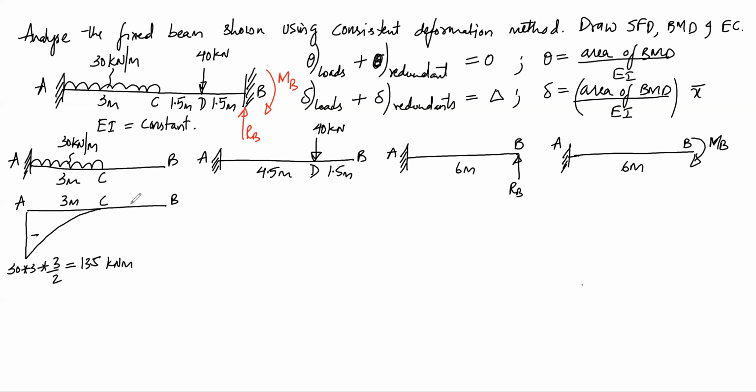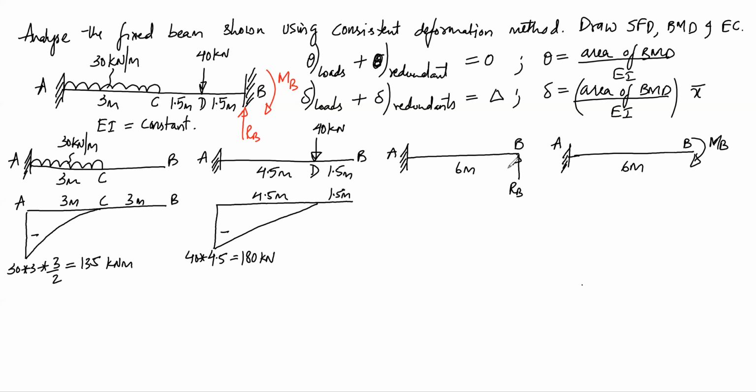This is 3 meters, this is 3 meters. And for cantilever with point load, we again get a hogging BMD with triangular variation. So, the moment here will be 40 into 4.5, that is 180 kilonewton meter. This is 4.5 meters and 1.5 meters.